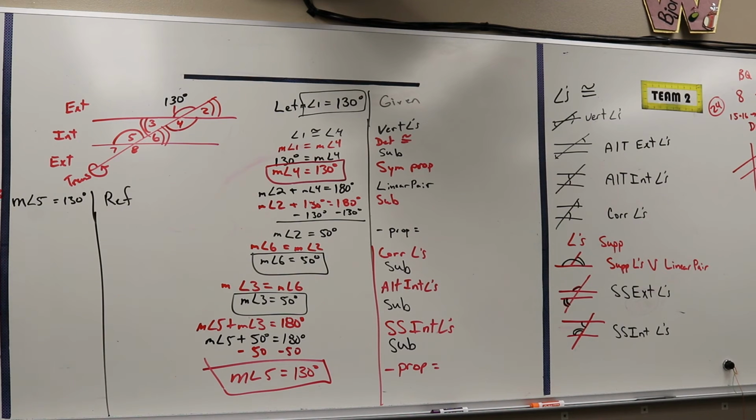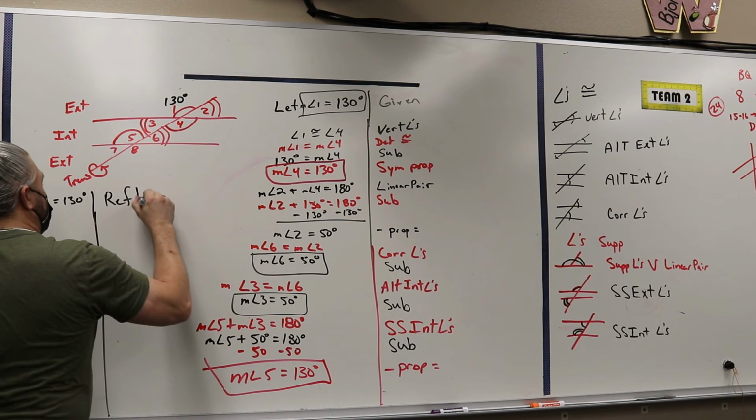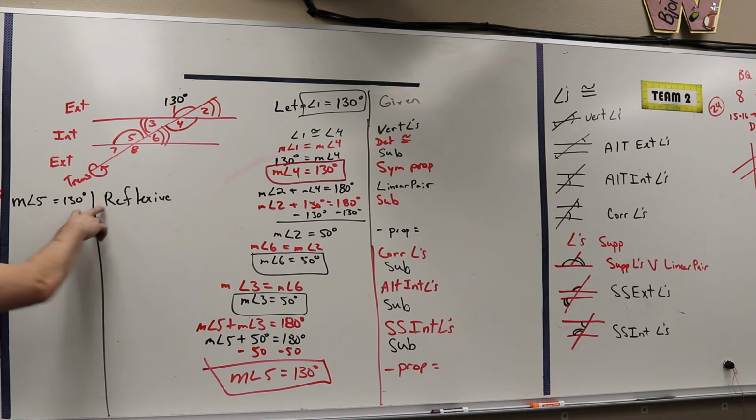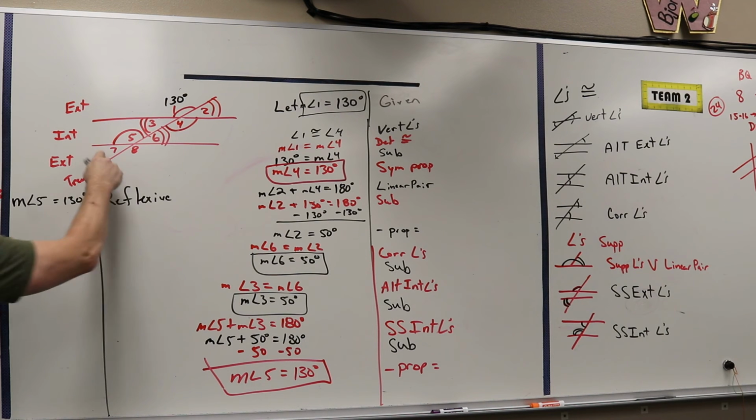Reflexive. Angle 1 equals angle 1, or angle 5 equals angle 5, or angle 5 equals 130. We're just starting it over, like a reflection in the mirror, so that I can continue the proof. So what's the next part of the proof? We need to find 7.